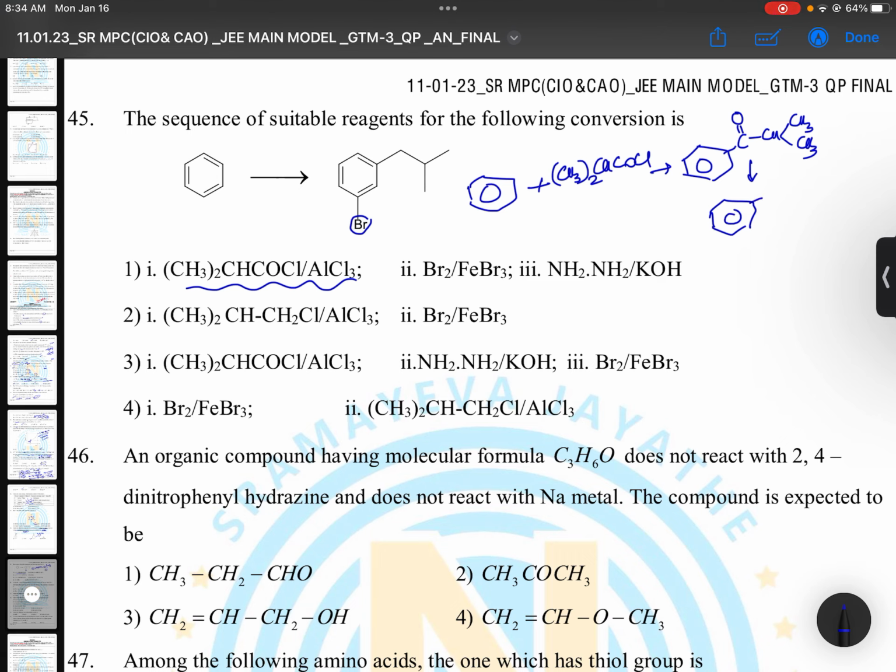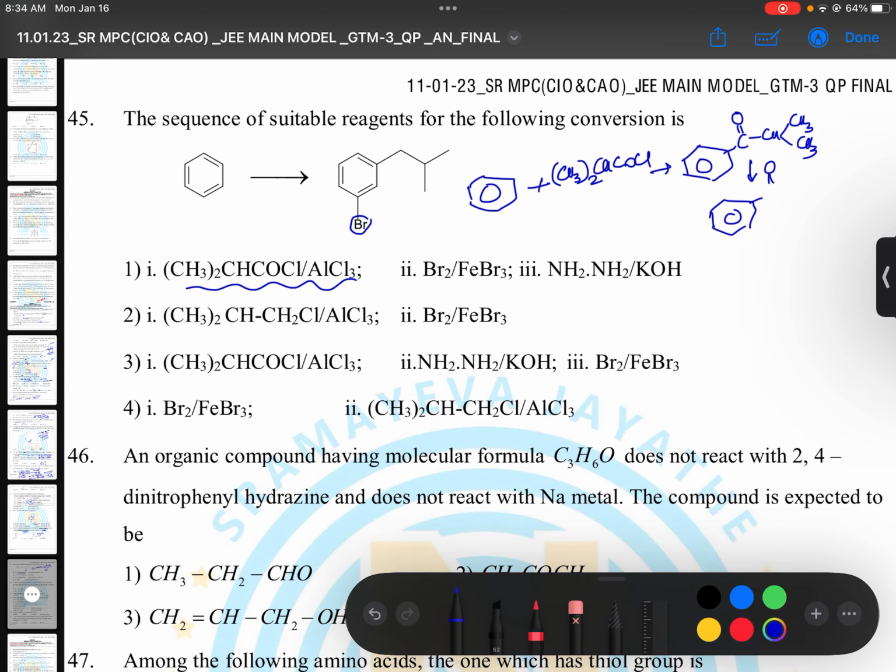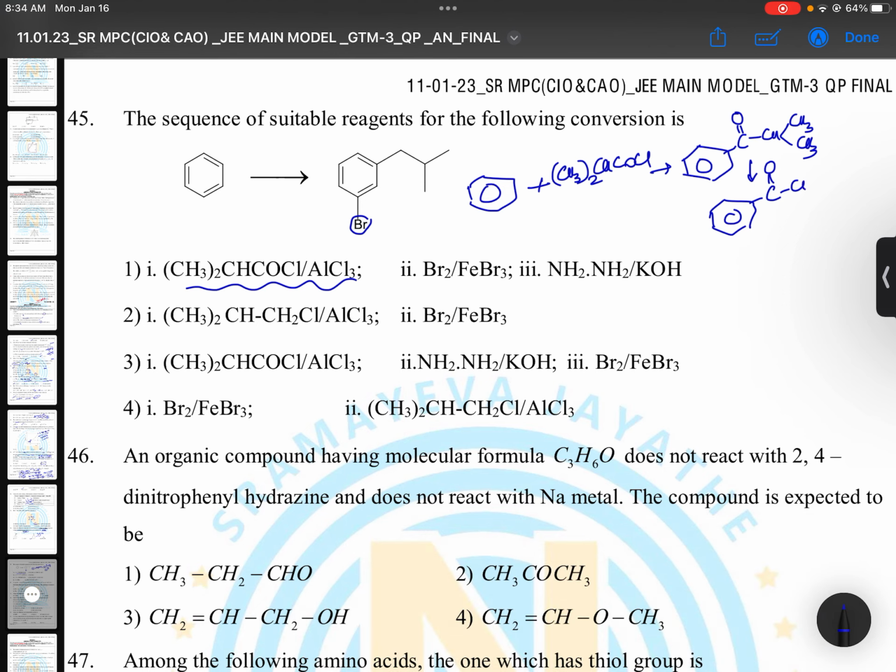This point is important here. C double bond O. Bromine will come here. Now go for reduction. Wolff-Kishner reduction. Correct. CH2, CH, CH3, CH. Got it? So option 1.